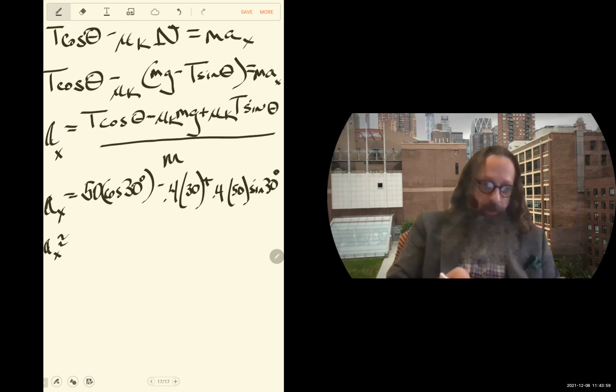I'm switching to approximate because once I'm doing cosines and sines of these things, I'm rounding, so it's approximate now. But so we said that's 44 minus.